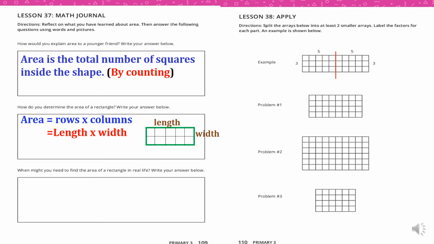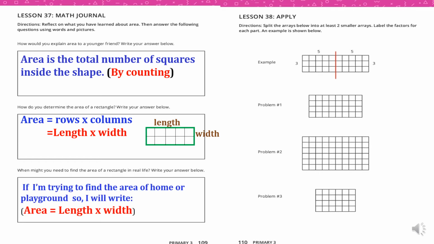The last question, when might you need to find the area of a rectangle in real life? Write your answers. In real life, I can find the area if I am trying to measure the area of a home or playground. So I will write that area equals length times width.